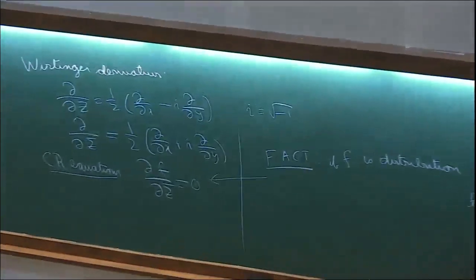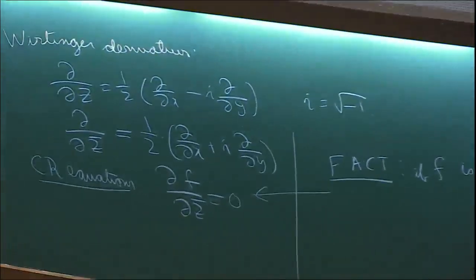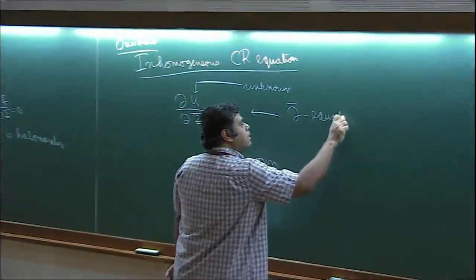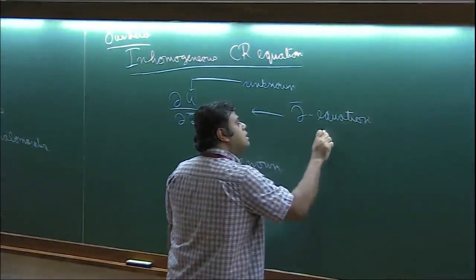So the equation we want to study is du over dz bar equal to g, where as usual g stands for given and u stands for unknown. And this is the d bar equation in one variable.